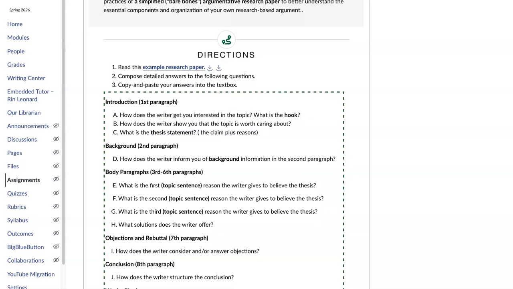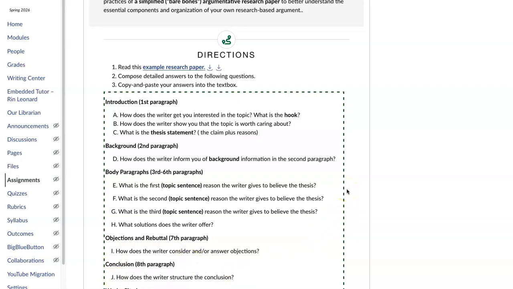So in general, a research paper for college is organized with an introduction, there's background, there's body paragraphs, and these are the body paragraphs where you are giving your reader the reasons to believe the claim you make in your thesis. There's entertainment of objections, and then there's a conclusion.